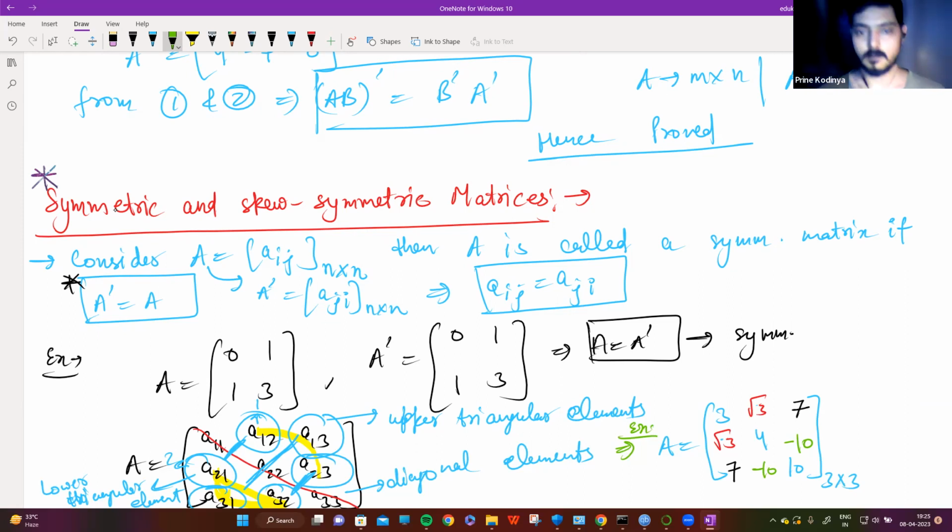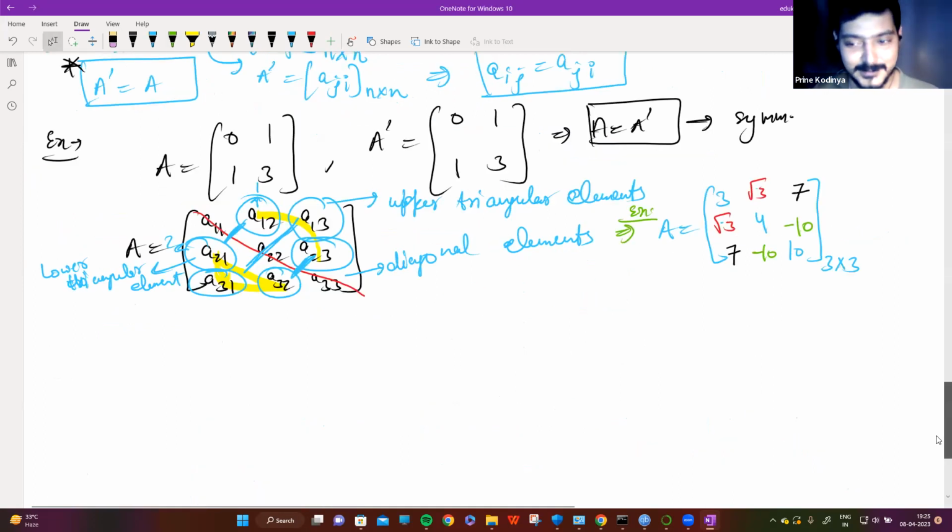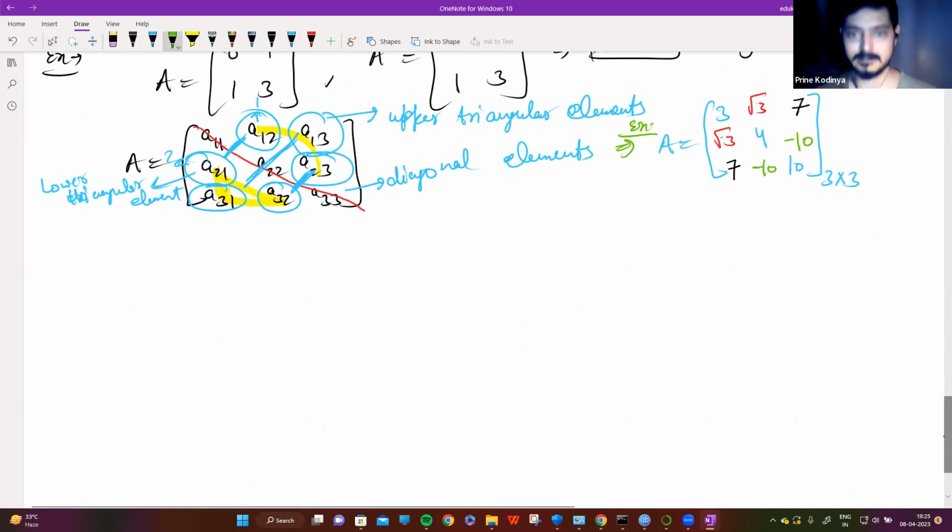Okay, let's talk about skew symmetric as well. Skew symmetric is basic. If you understood symmetric, you have already understood skew symmetric. The simple rule is this: let's say I have some matrix A, with elements Aij. This also has to be square.